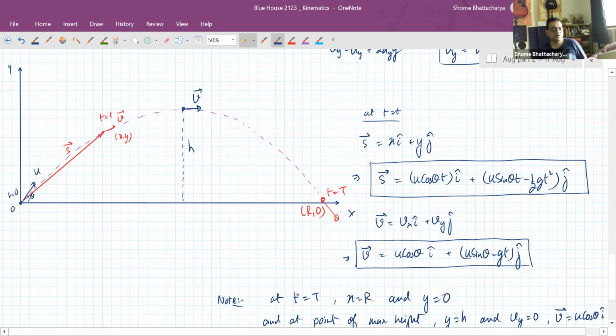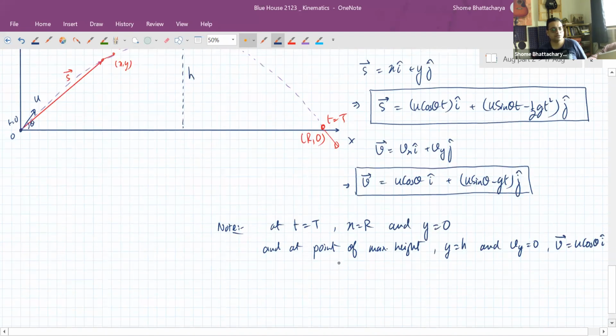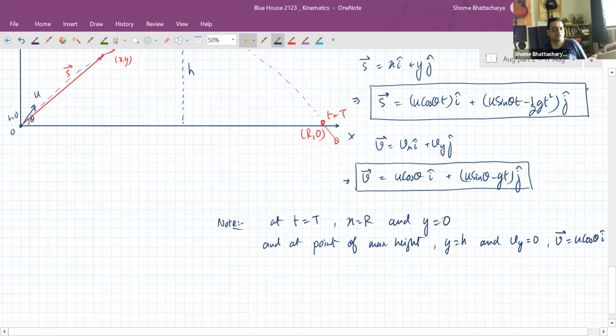So using these two guidelines, what is happening at capital T and what is happening at the maximum height position, we will develop the formula for maximum height, total time of flight and range. Going back, I'll just write down over here these equations. X as a function of time was u cos theta t.